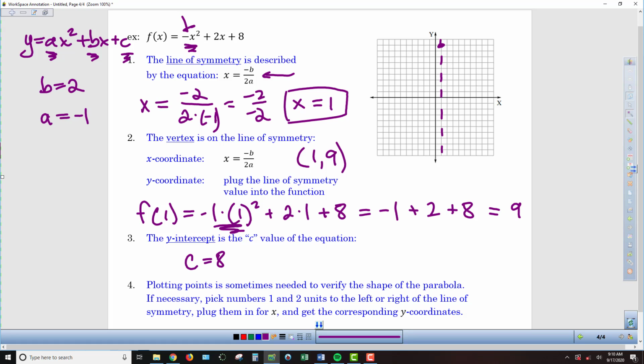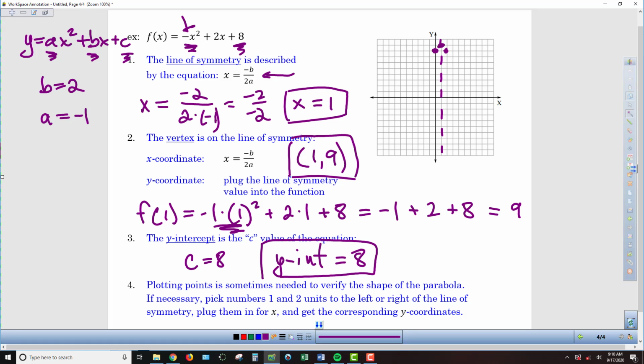Remember, c is the number that's being added or subtracted that doesn't have an x attached to it, so our y-intercept is 8 to go along with our vertex. That's going to give me a point right here on the y-axis. And using symmetry, I know I have a matching point on the other side of my line of symmetry, so I've got a point right here.